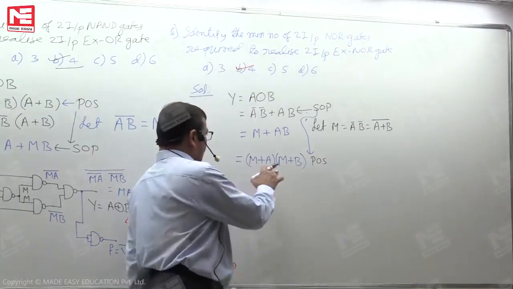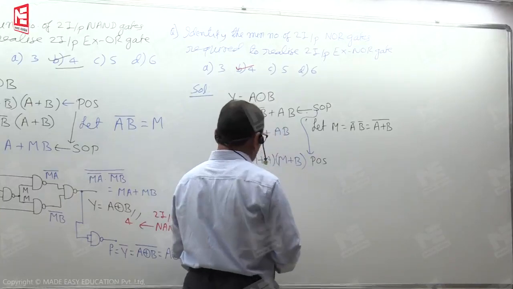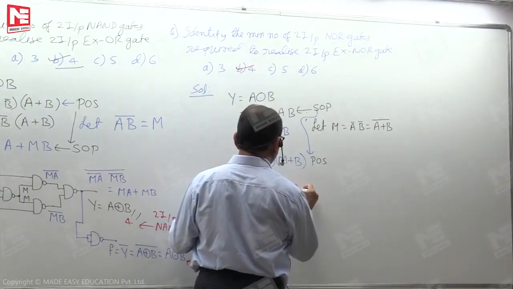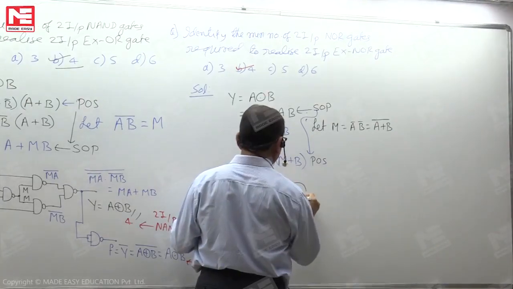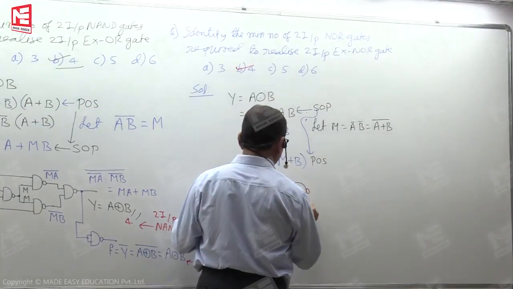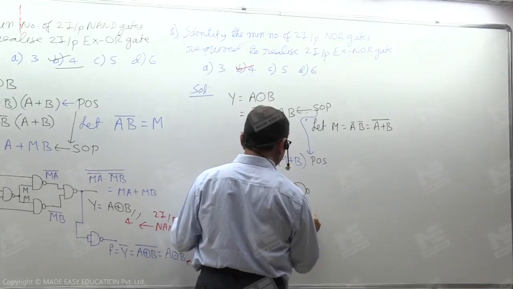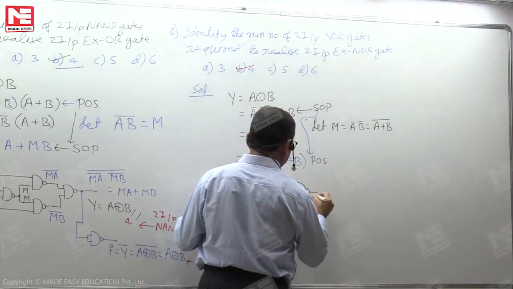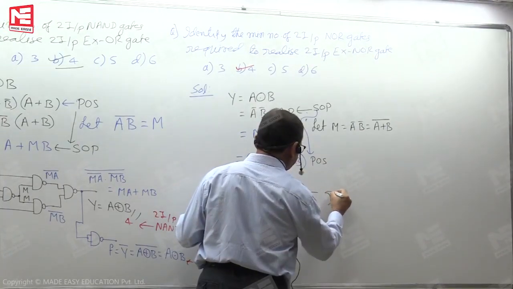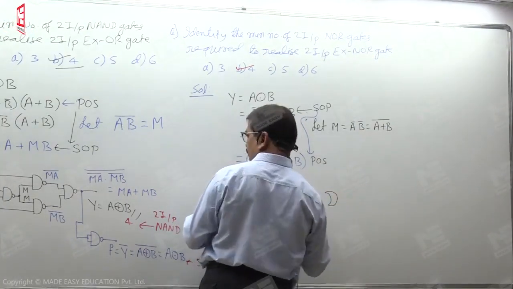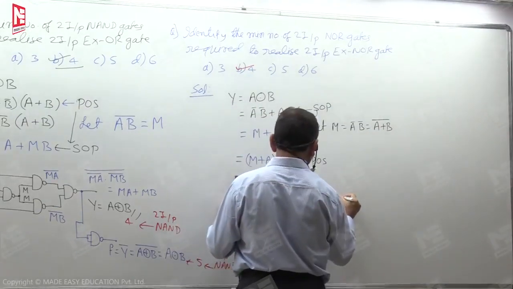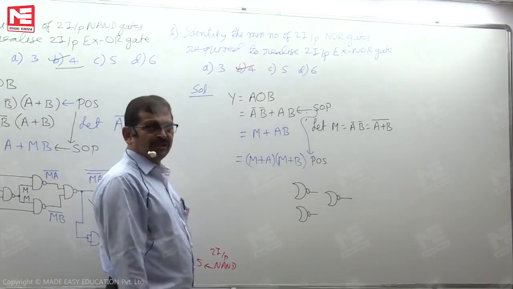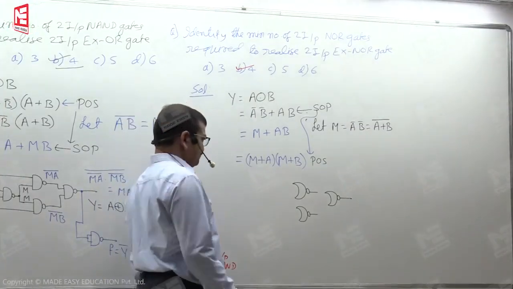If you develop the two-level NOR circuit for this, at level 1 we have 2 NOR gates because of two sum terms.